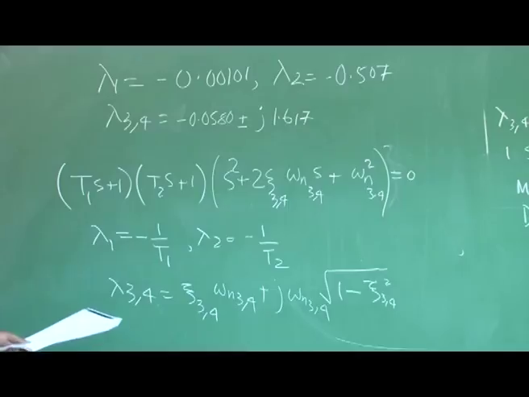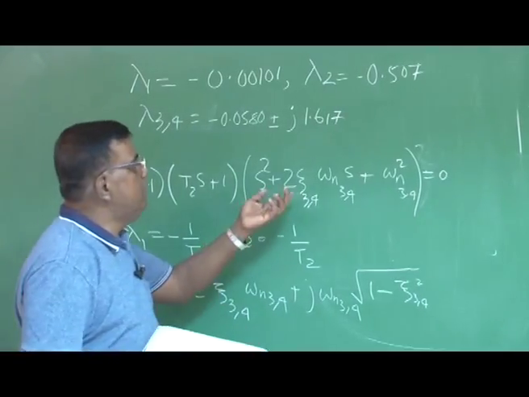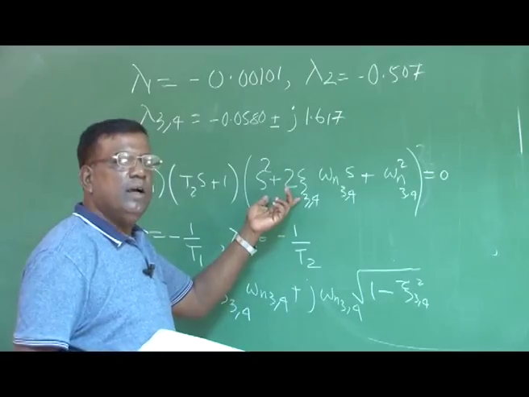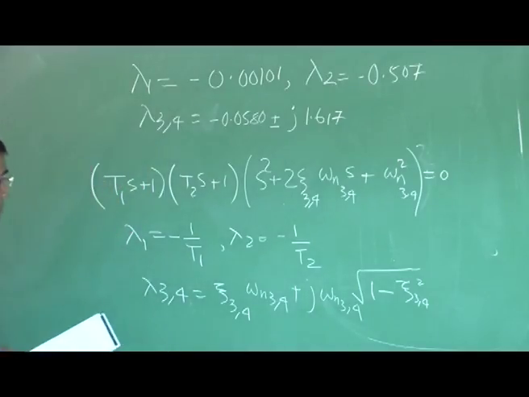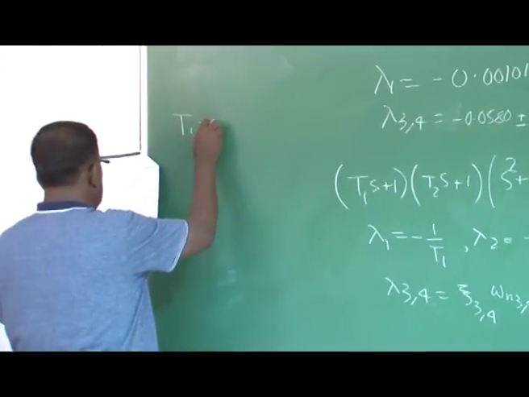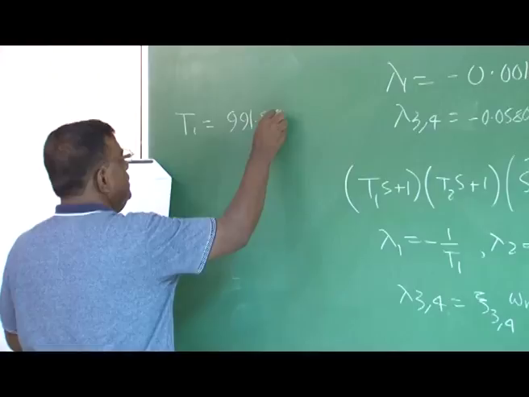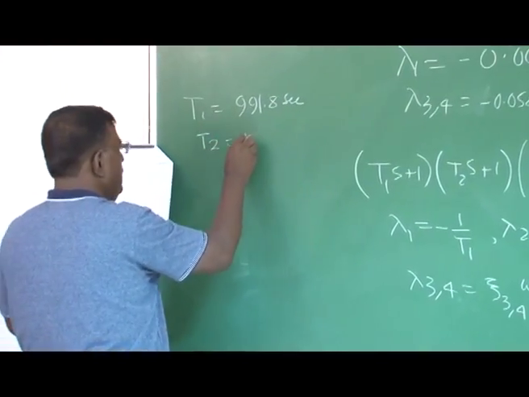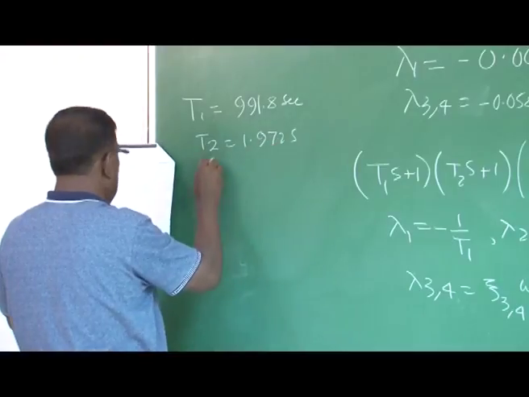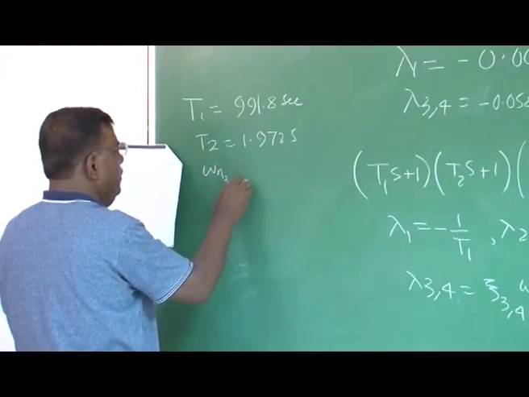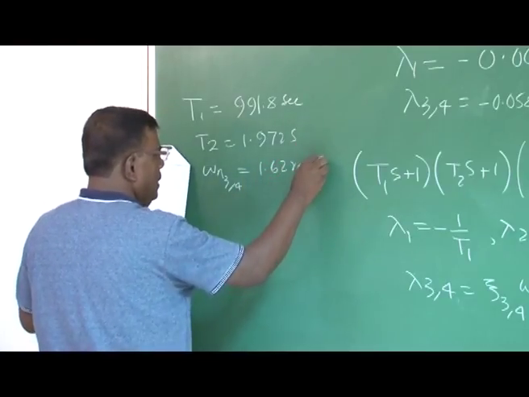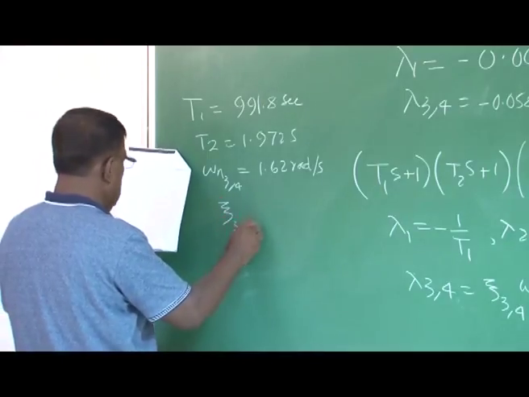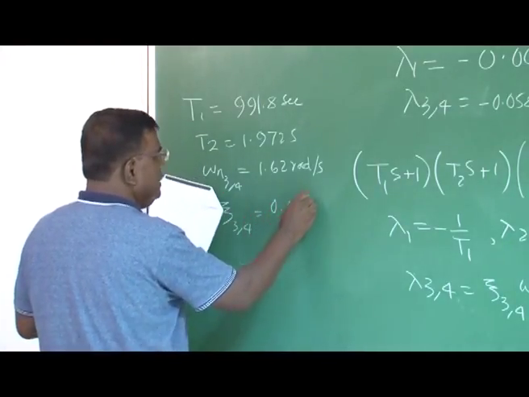Either you do it like this, or for the second case you find the two roots and form the equation s squared minus the sum of the roots times s plus the product of the roots equal to 0. Choice is yours. If I do that, I get T1 equal to 991.8 seconds, T2 as 1.972 seconds, omega n 3,4 as 1.62 radian per second, and zeta 3,4 as 0.036.